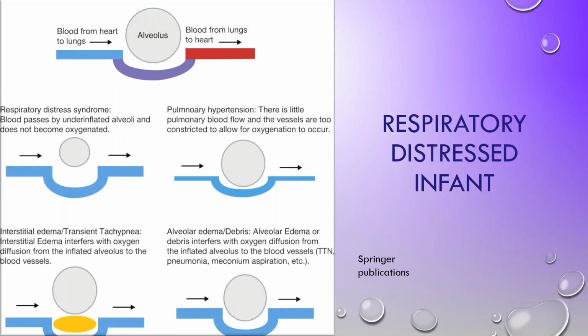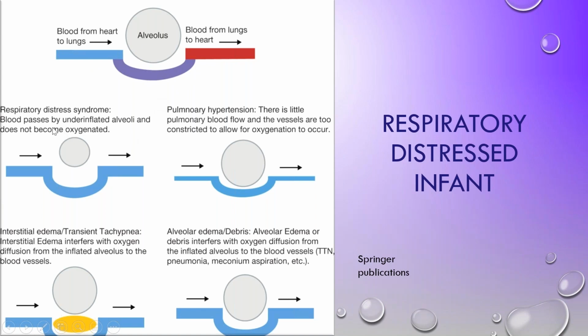So, if we look at the respiratory distressed baby, what is the problem? If we look at this top one, this is as it should be. The alveolus has expanded as it should be. The blood flow from the heart to the lungs is happening, and the blood flow away is happening, and the pressures are correct. That's how it should be.